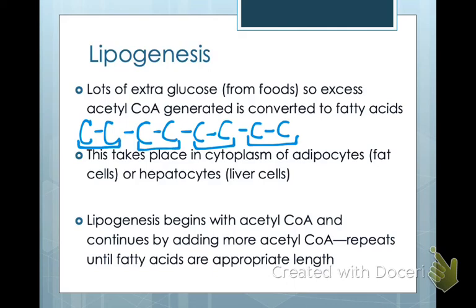And again, this is either going to happen in your fat cells, or it can also happen in your liver cells, your hepatocytes, and store those excess acetyl-CoA in that way. So lipogenesis is putting back together the fatty acid, and lipolysis is taking apart the fatty acid. So those are how those terms work together.